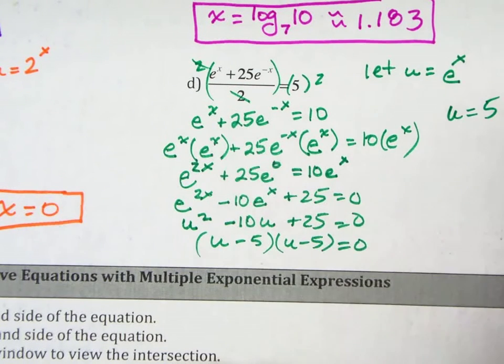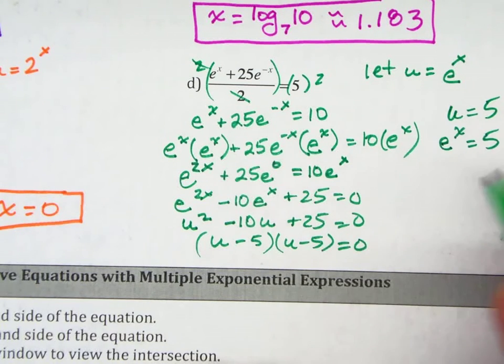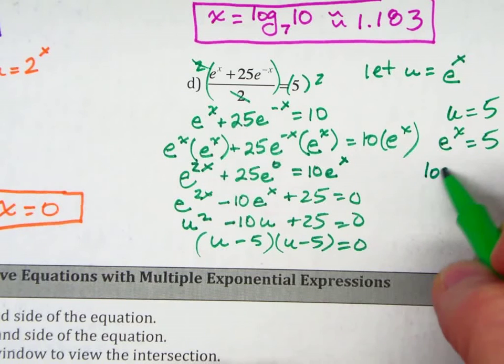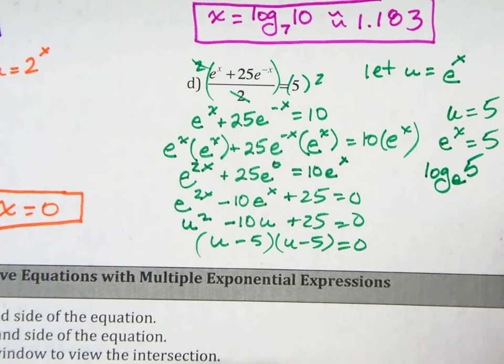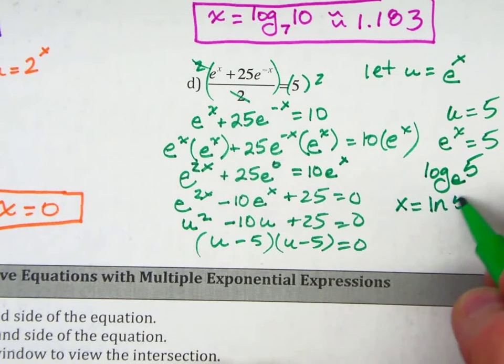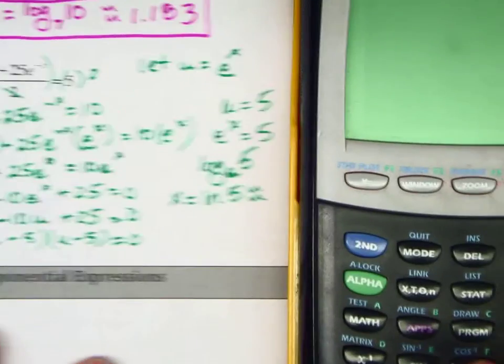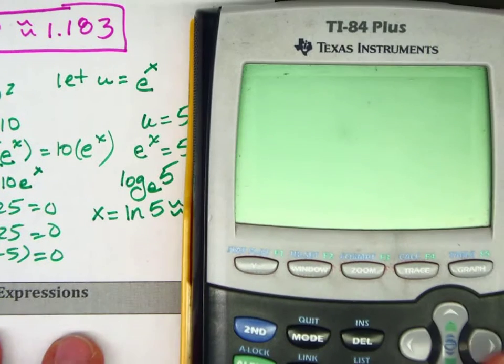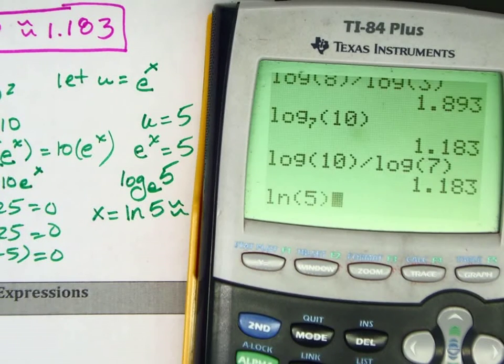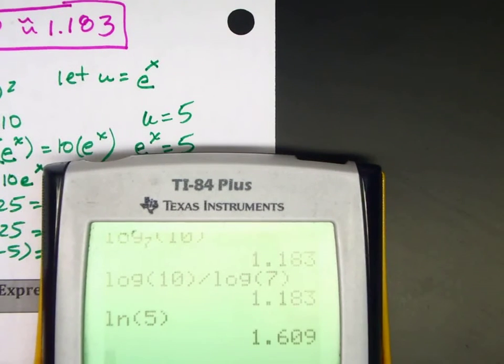So u equals 5, but what is u? e to the x. And now we change forms, so we get log base of, what is log base e? How can we rewrite that? ln. So natural log of 5. And this one's the easiest to type in because we have a natural log button. So that's 1.609.